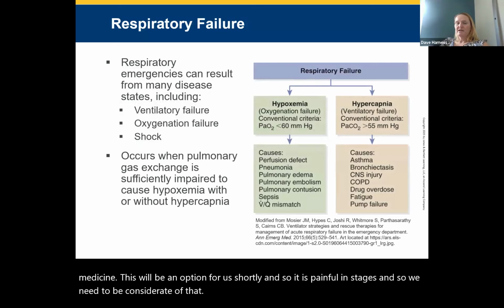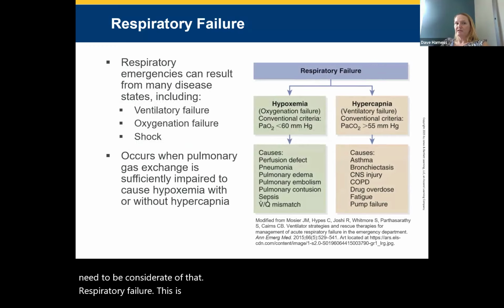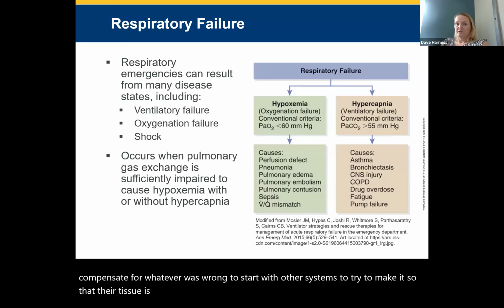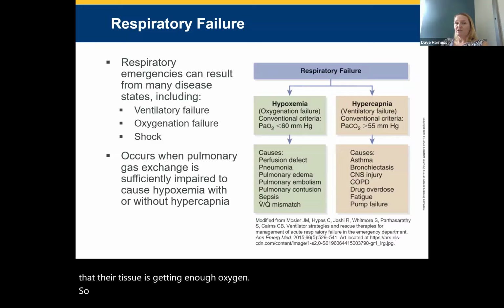Respiratory failure, this is just the general term for when they are no longer able to compensate for whatever was wrong to start with, using other systems to try to make it so that their tissue is getting enough oxygen. So hypoxemia is inadequate oxygen in the blood.